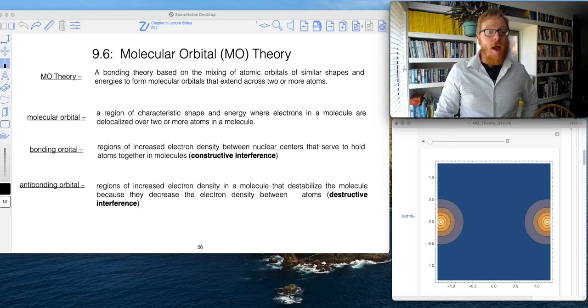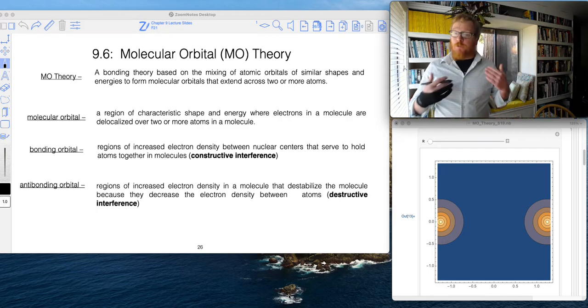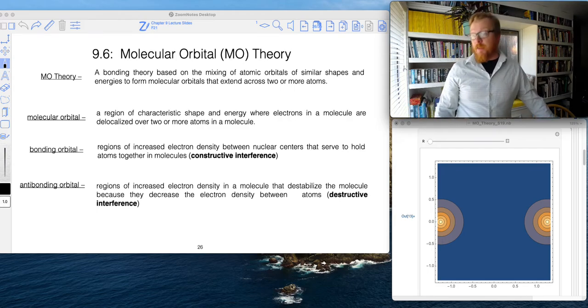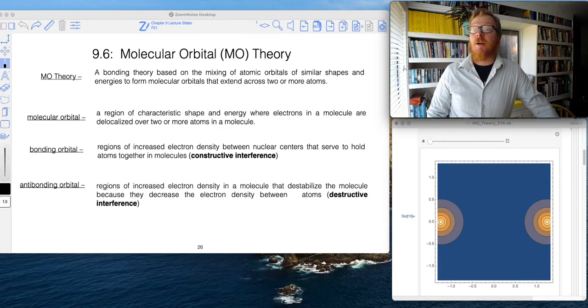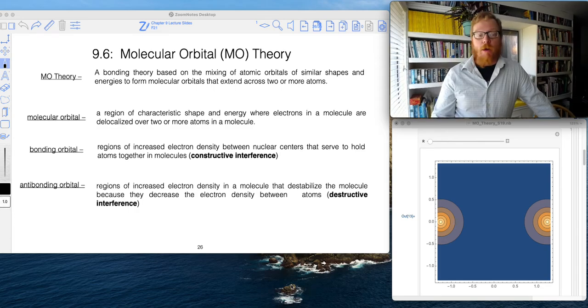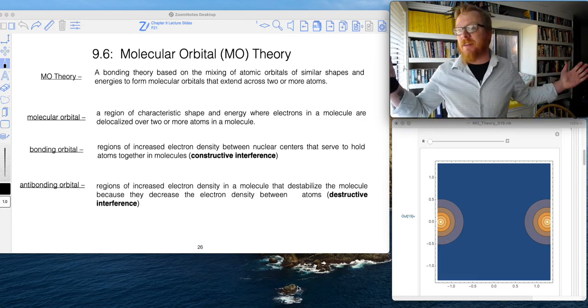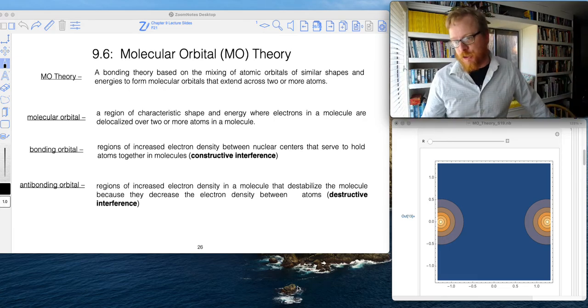So MO theory is very similar to valence bond theory. It's largely based in quantum mechanics, and we look at simple molecules, okay? But what's powerful about molecular orbital theory is we're able to expand this into much larger molecules.